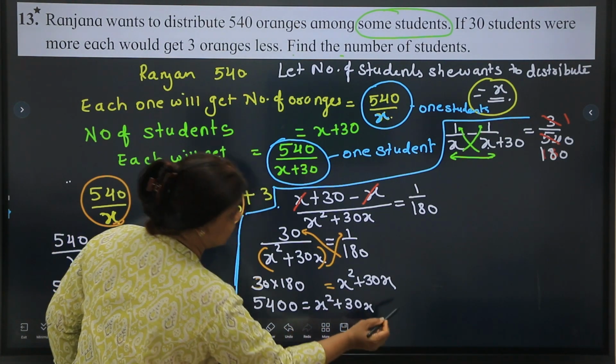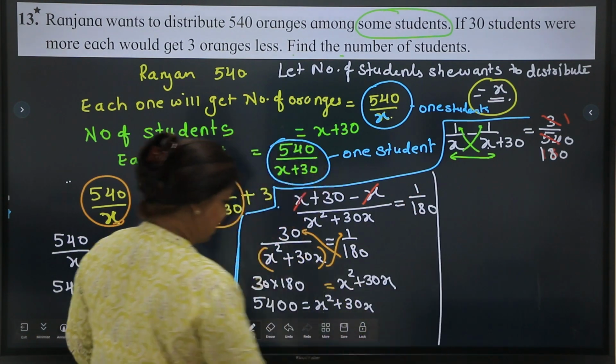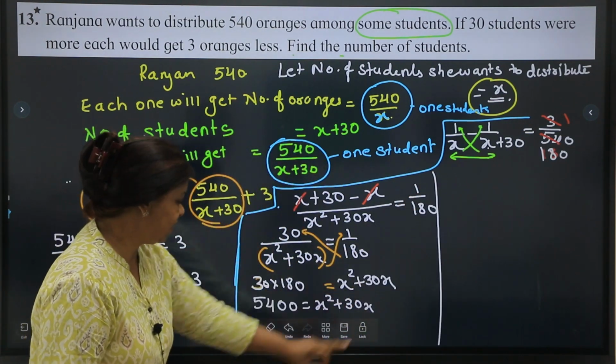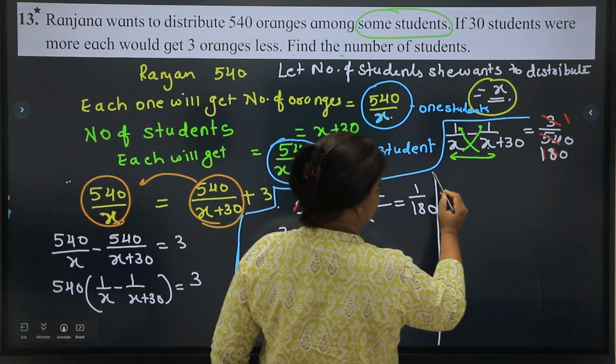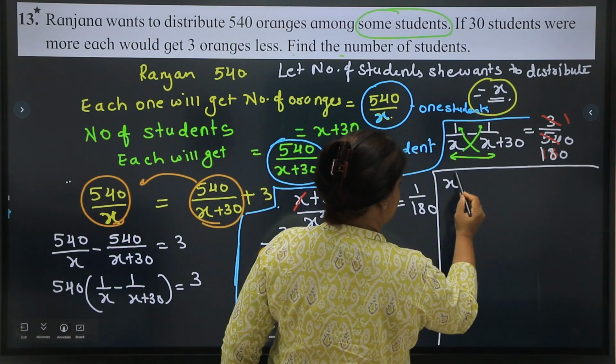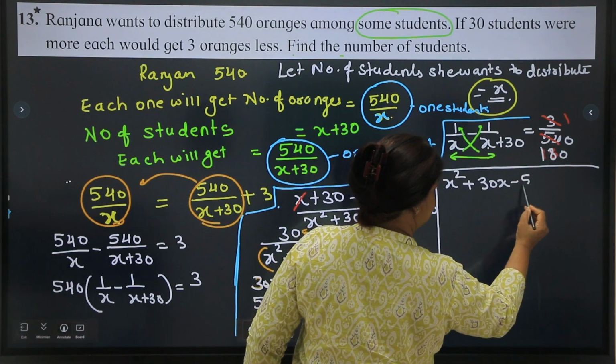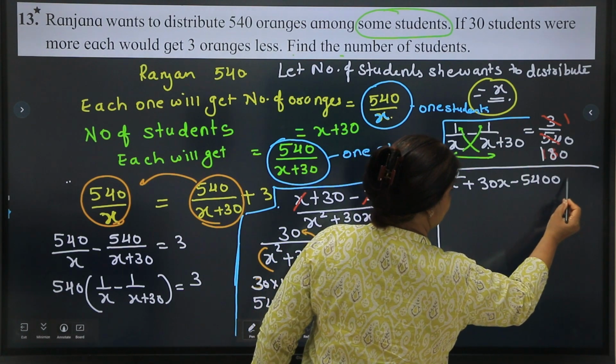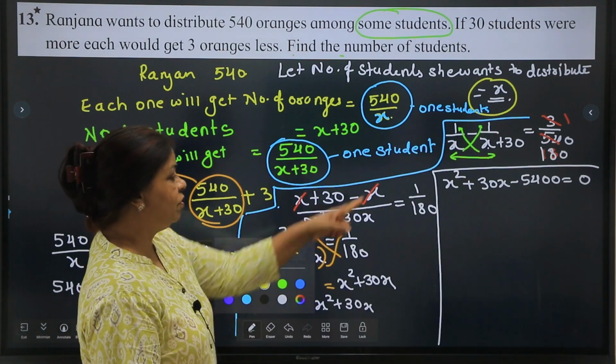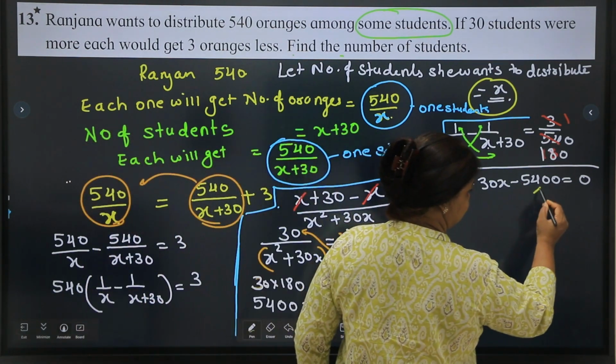Now we will be factorizing it. I'll shift this number over there and I'll be getting x square plus 30x minus 5400 is equal to 0. Children, we will be factorizing this last term.